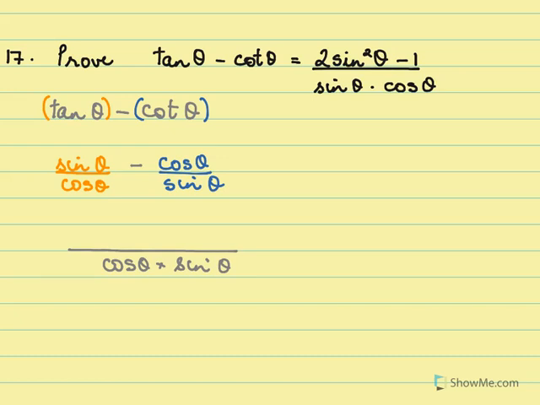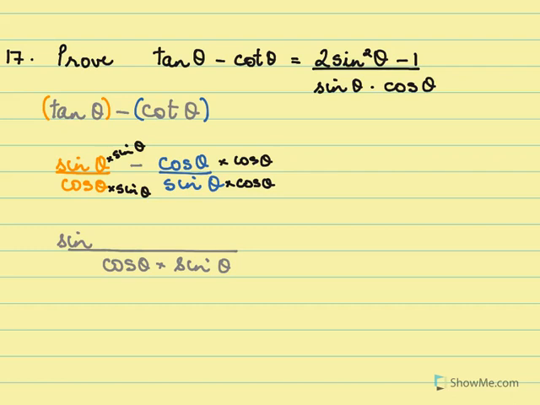Now to get the LCM we need to multiply the first fraction by sine theta, because remember our LCM is cos theta into sine theta. So this is cos theta, here we have to multiply both by sine theta. And here we have sine theta, we have to multiply by cos theta.